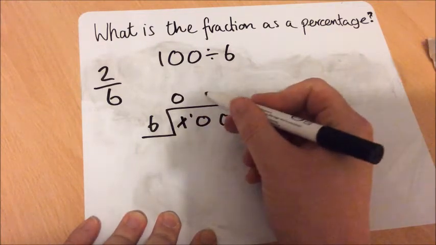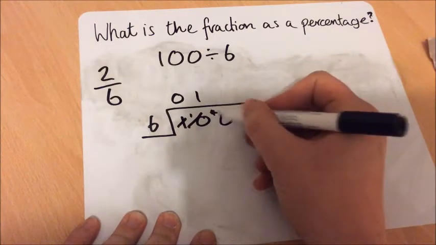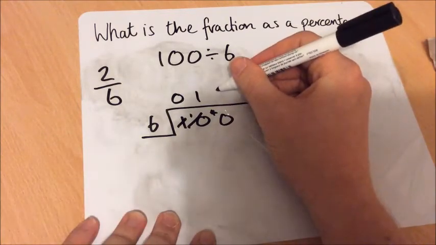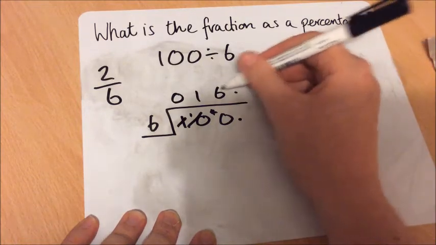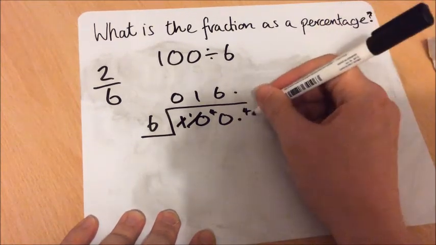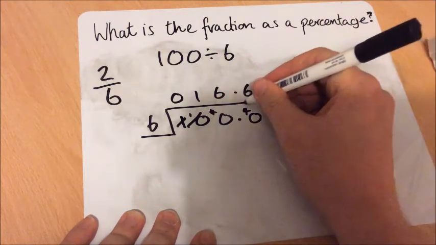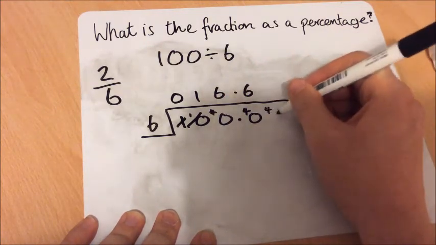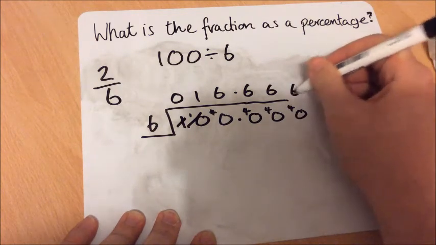Carry it over. 6 into 10 goes once, remainder 4. 6 into 40 goes 6 times. Now we're going to need a decimal because that leaves 4 again. 6 into 40, again, 6 times, still remainder 4, which means this would literally keep going.